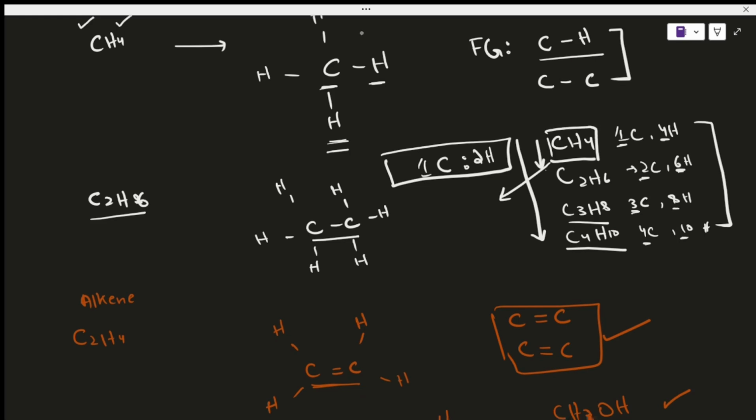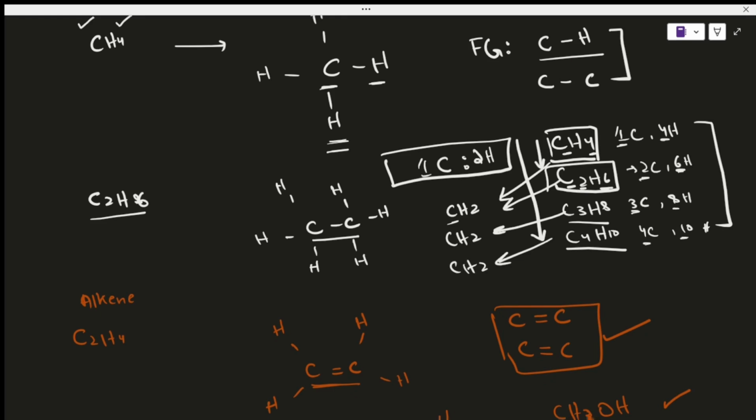Here you have CH4, but the next member is C2H6, which means you have an additional CH2. The C was 1, here it has become 2, so you have one more C and 2 more hydrogens. It was 4, it is 6. If you go to the next one, again there is an additional CH2 unit, and again in the next.